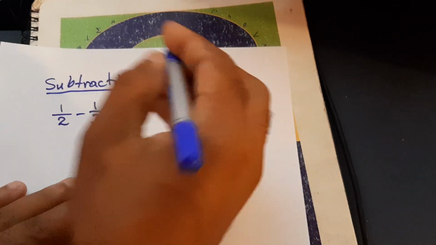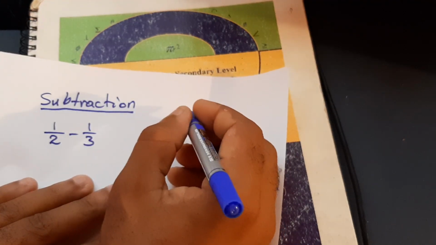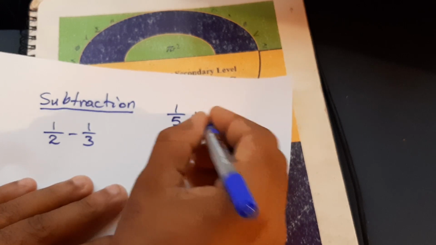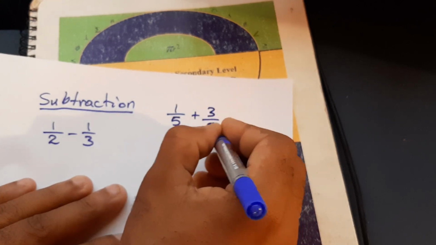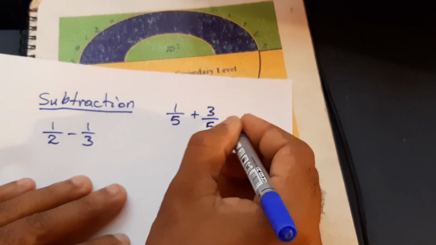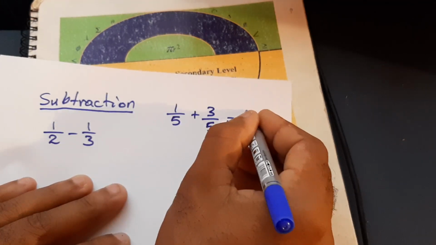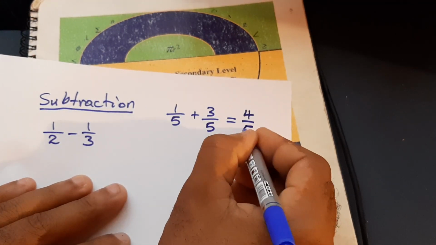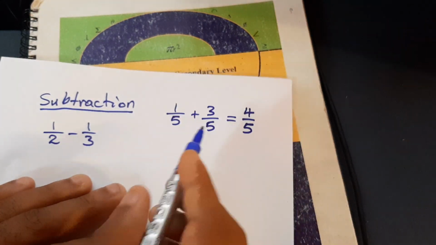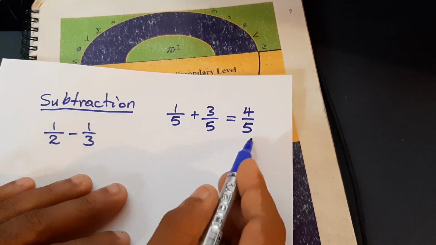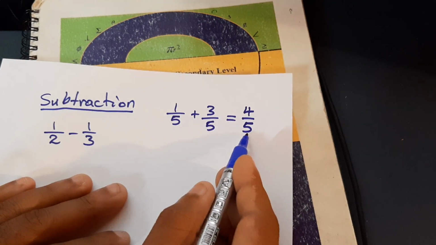For example, let's say we had 1 over 5 plus 3 over 5. The denominators are the same. So once the denominators are the same, we can just go ahead and add the numerators. So the answer for this would be 4 over 5. So that's the addition. Once the denominators are the same, we just add the numerators and put back the same denominator.